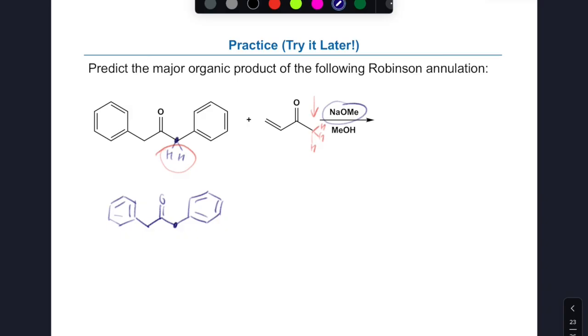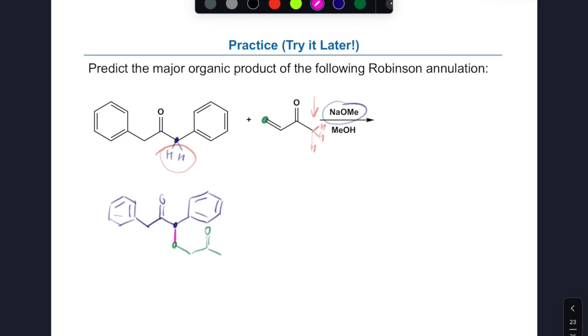That's our nucleophilic center. And that makes this our electrophilic center. We're going to make a new bond here between those two fragments. Then we have our acceptor like this. So that's the first step. That's the conjugate addition for the Robinson annulation.